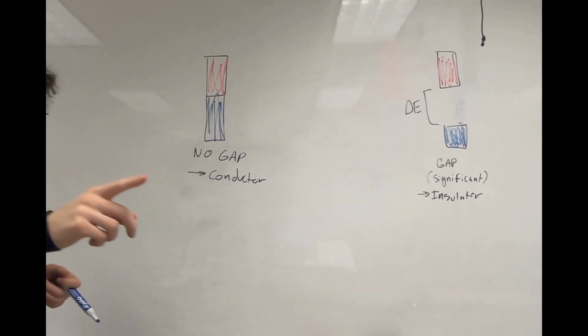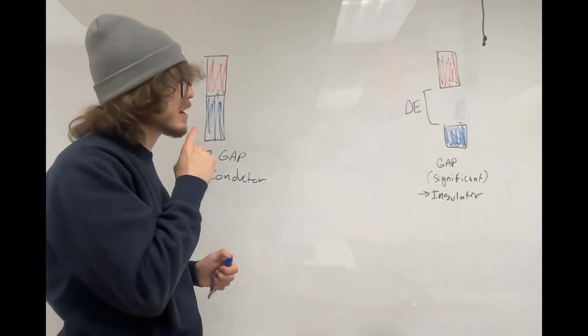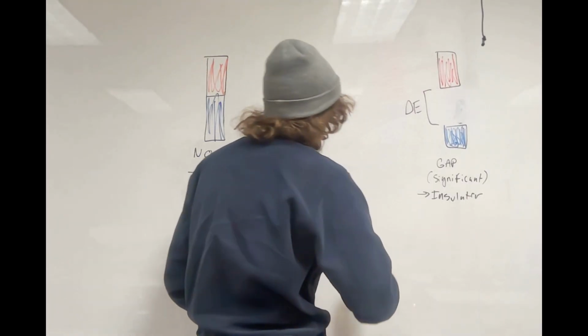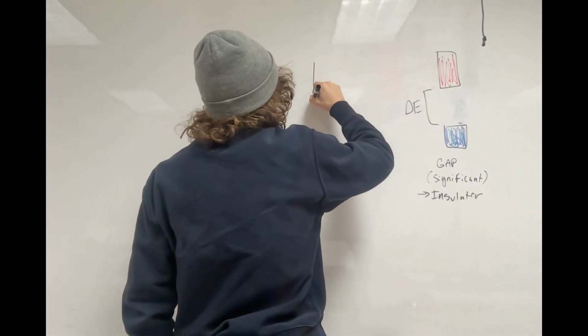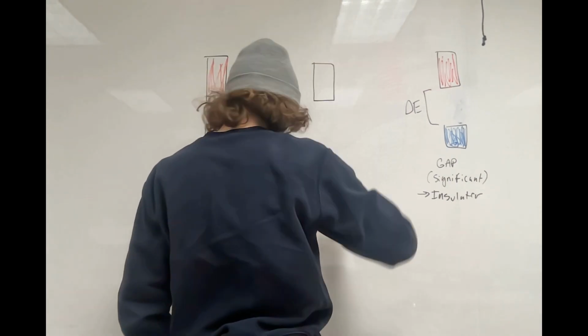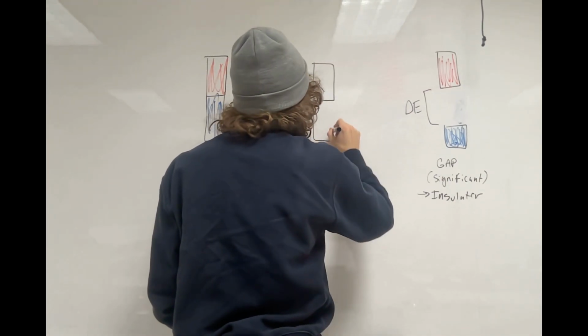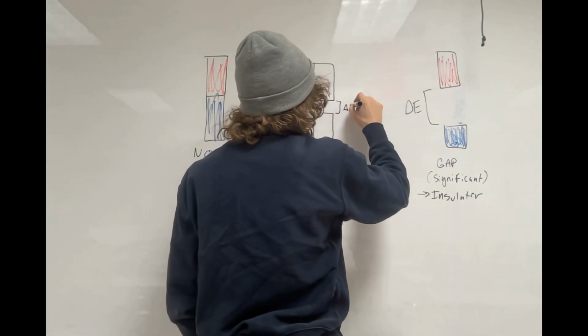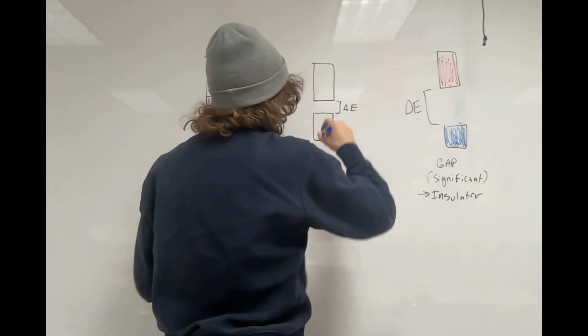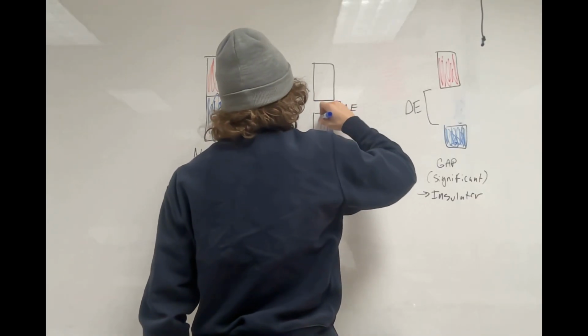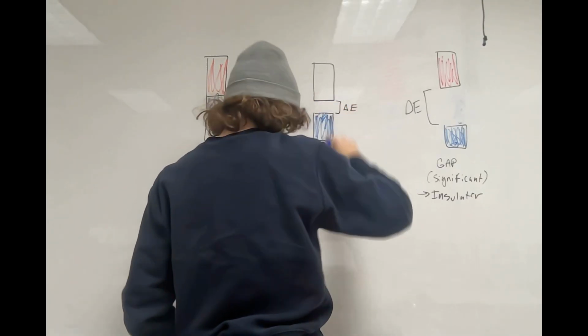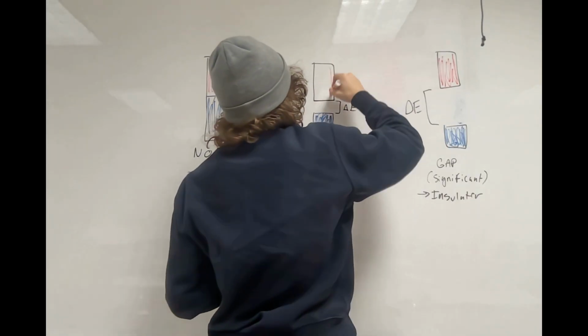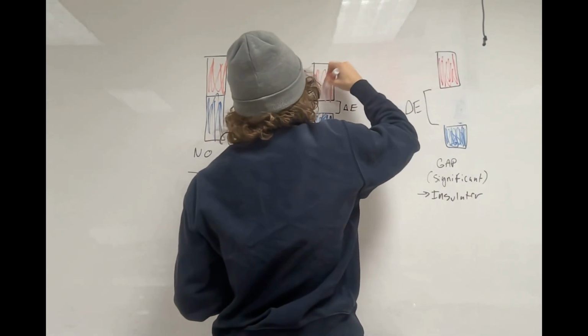However, something interesting happens. What if, for example, we had a gap that wasn't very big? Say something like this, so a smaller delta E. Well, we're still going to have our electrons jumping in here, but we'll also have our non-conducting band.